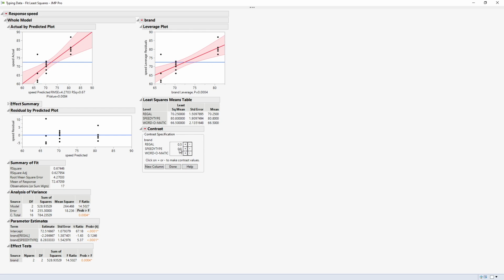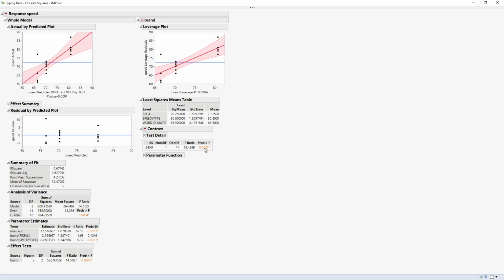So for this contrast, we're going to be asking, is the mean of regal and speed type equal to word-o-matic? As we've seen here, word-o-matic is far more negative than the others, so we'd be pretty surprised if these were equal. And indeed, we find the combination is not the same as word-o-matic's.